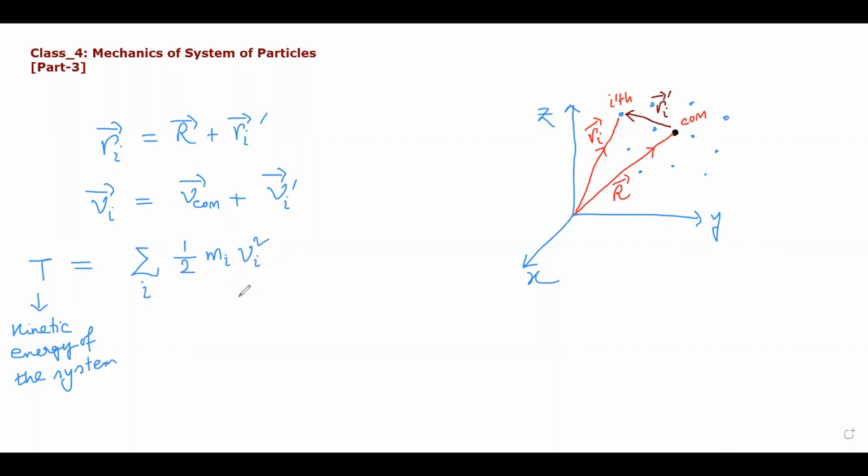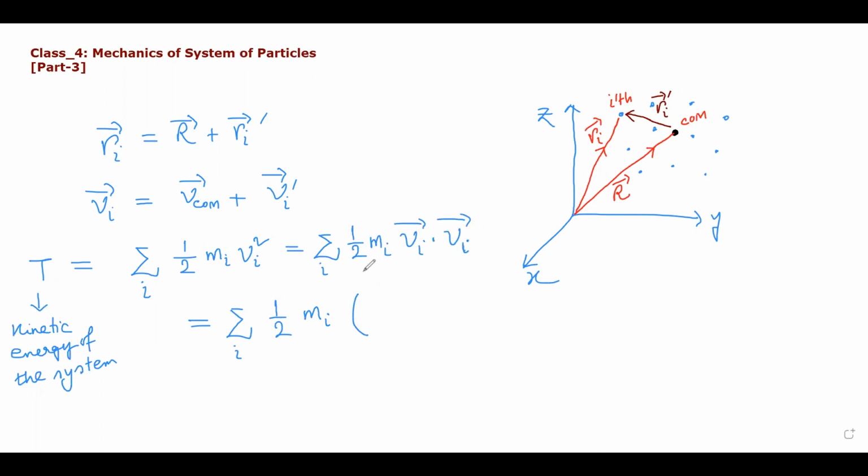Then in this half mi Vi square, Vi square means Vi dot Vi.